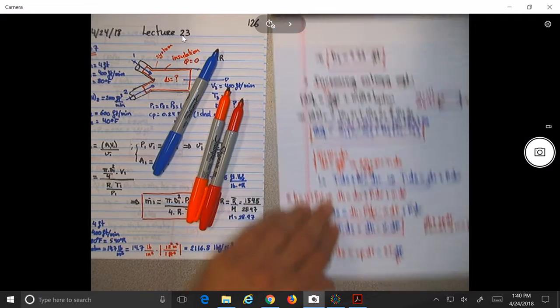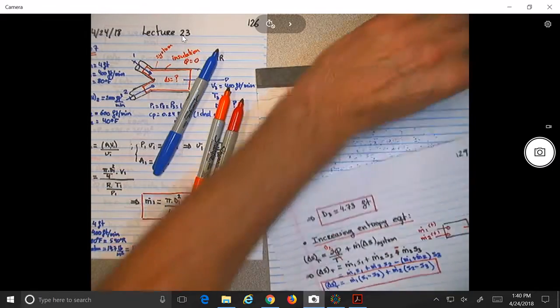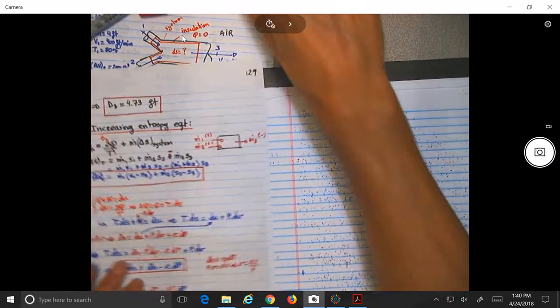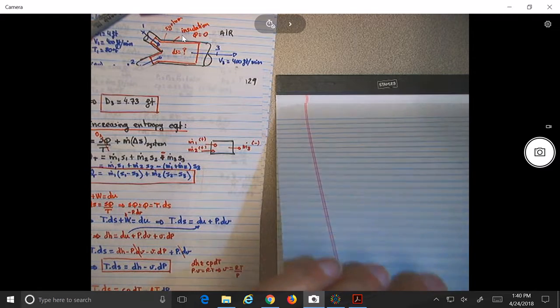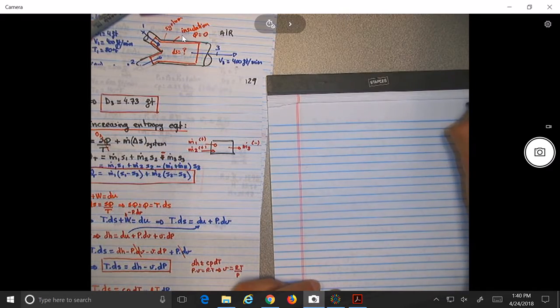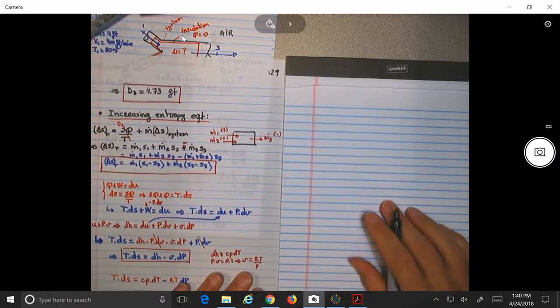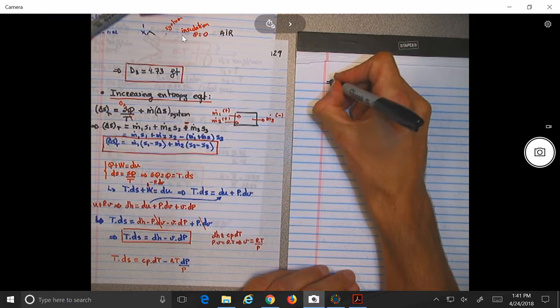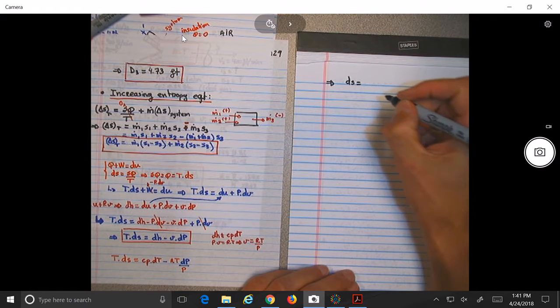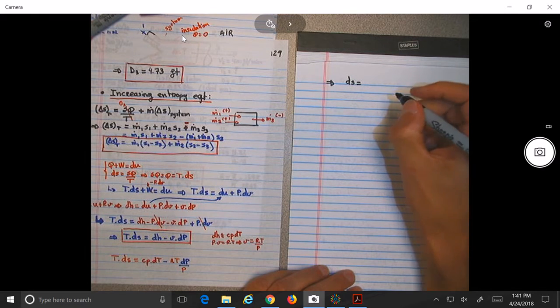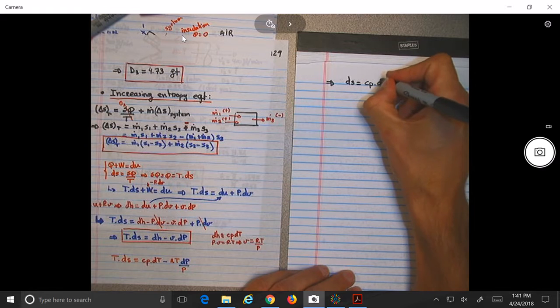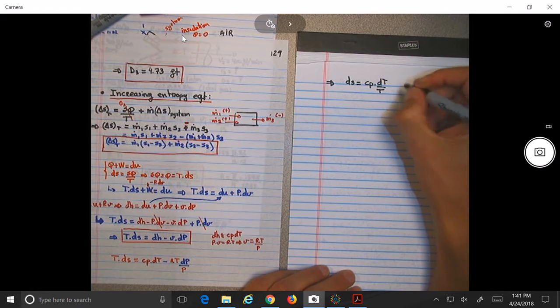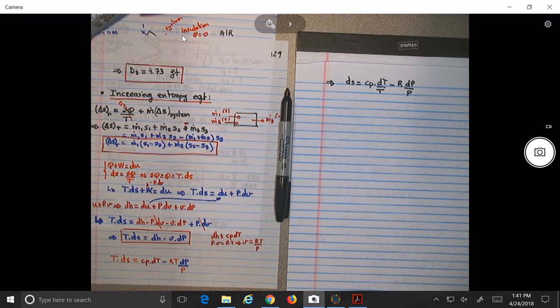If I divide both sides by T, what do I get? dS will be equal to Cp dT over T minus R dP over P.